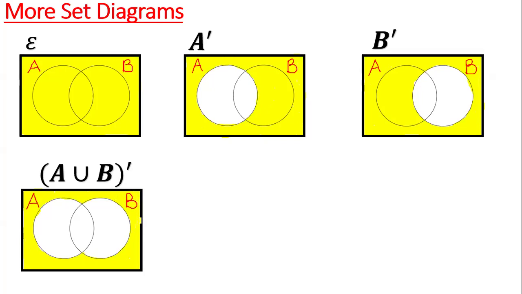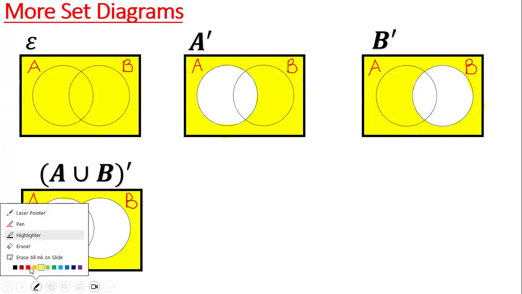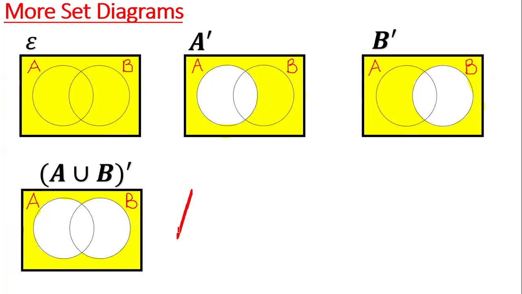Actually, if we do not include the bracket, if we just have A union B and then the complement, the way it actually reads is A union B complement, where only B is complemented.